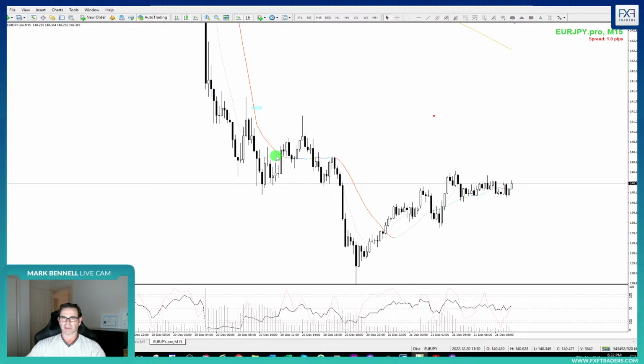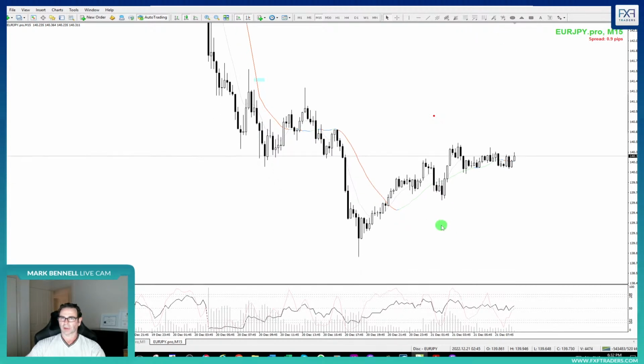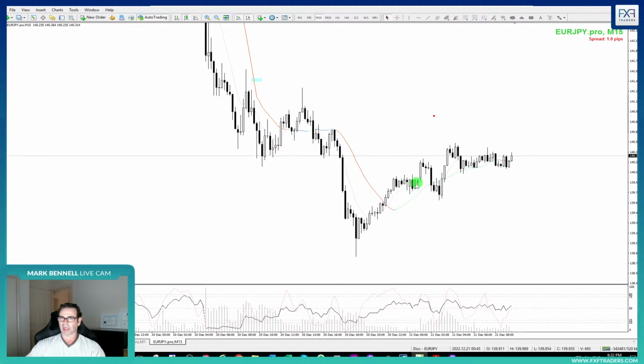So Euro Yen the same. See here, we really didn't get any setup. Here's the 20 through here. It's really only here that we had permission, isn't it? Different if you're trading on the shorter time frame. You'll get permission in here, probably on the 5 minute.